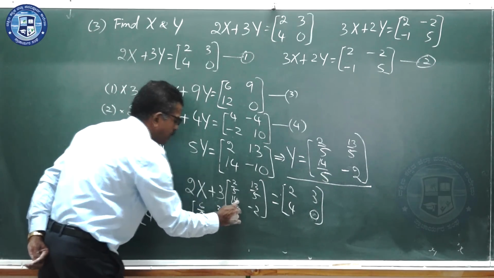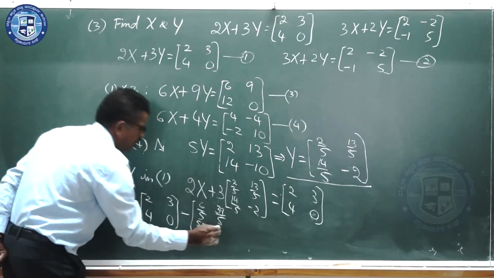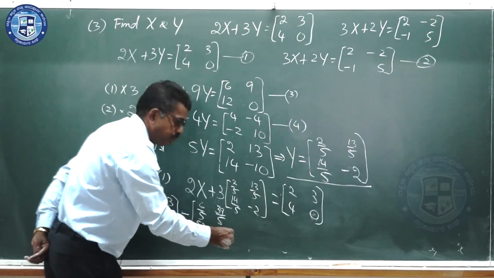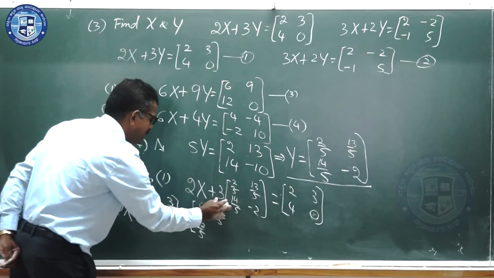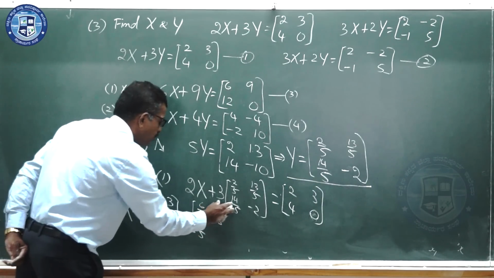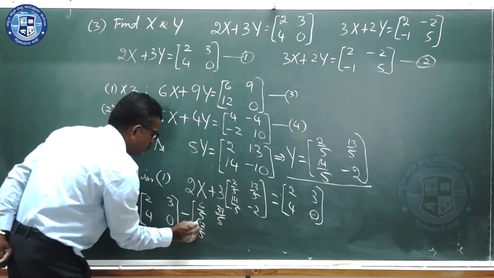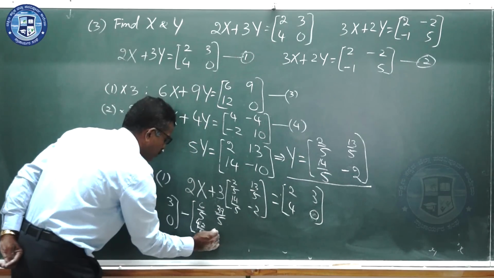And 14 into 3, so what is 14 into 3? It is 42, not 52, so it is 42 divided by 5. And then the last one, 3 into minus 2, it is minus 6.